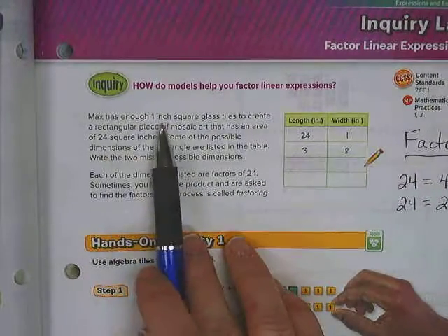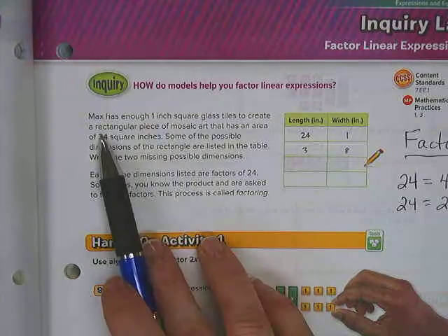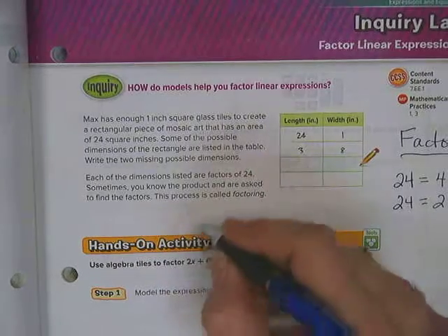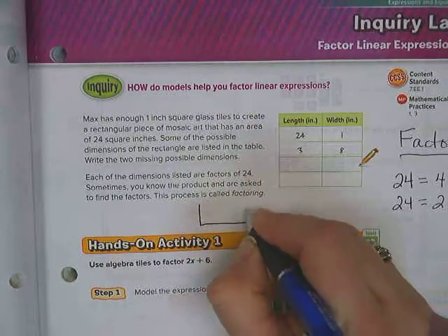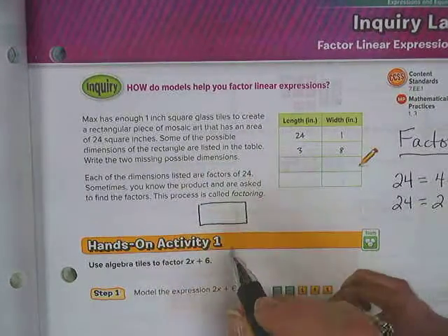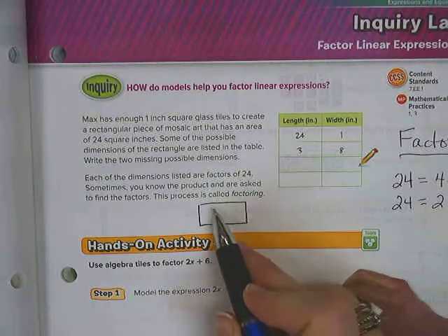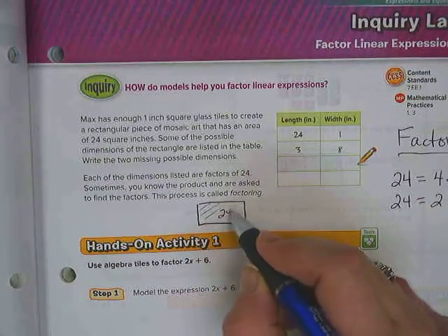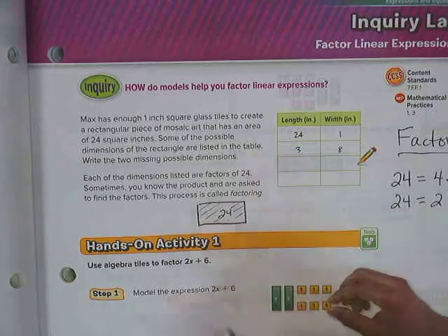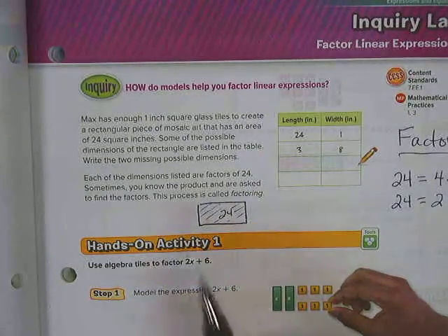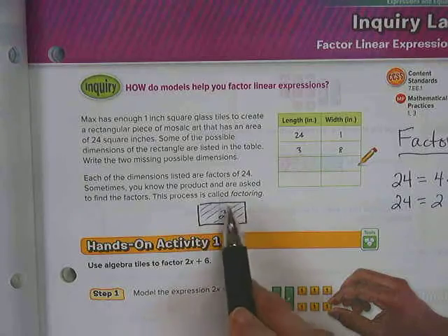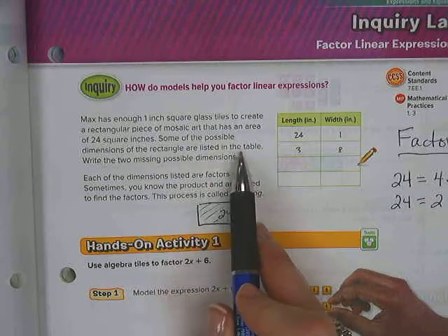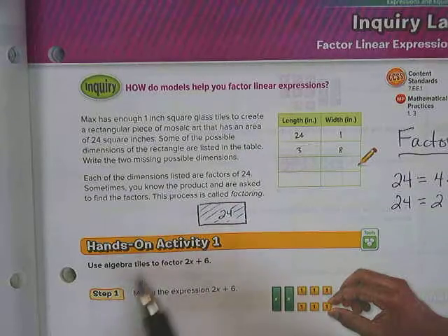Alright. Max has enough 1-inch square glass tiles to create a rectangular piece of mosaic art that has an area of 24 square inches. So everybody draw a rectangle. If we have this rectangular piece and it is 24 square inches, it says some of the possible dimensions of the rectangle are listed in the table.